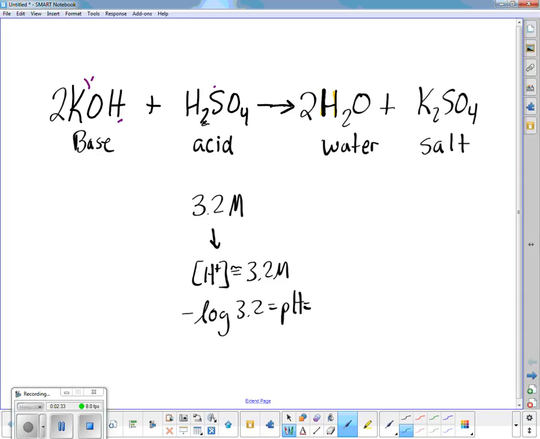Shouldn't be negative. Oh, okay, negative 0.5. It's going to be really strong, that's why. So that will be my pH. Then to find pOH, I'm going to take 14 minus a minus 0.5, which is going to give me 14.5, right?